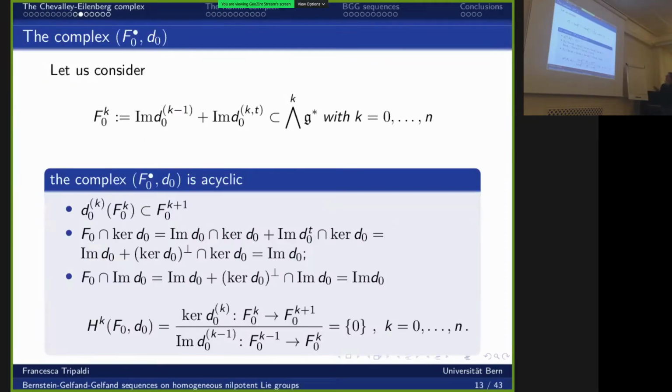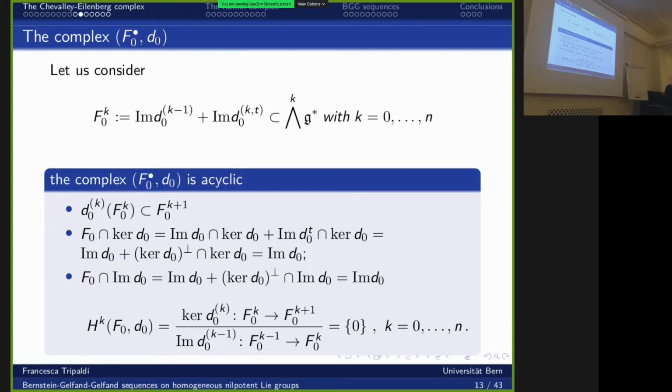Okay, so what are we going to look at here? We consider this subspace. What we need to check is that this is a fairly intelligent thing to do. So this is actually a complex.